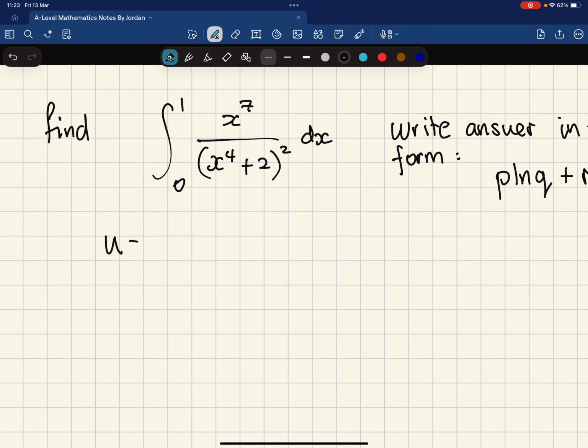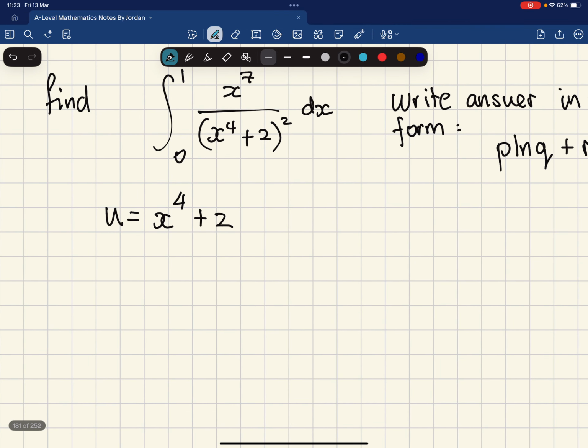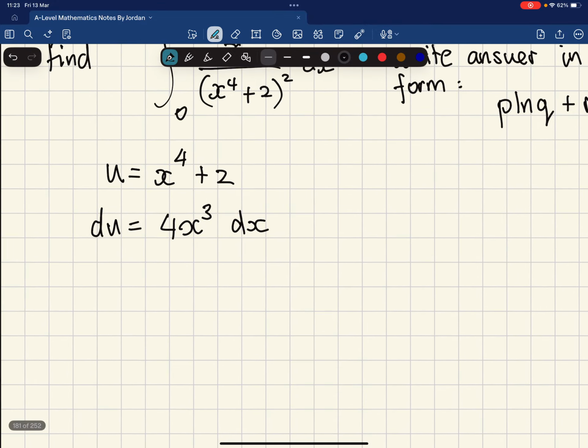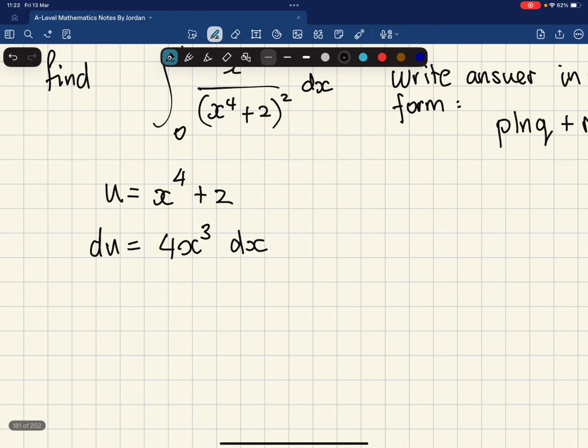The substitution given for this question is u equals x to the power of 4 plus 2. So let's firstly differentiate. So we get du equals 4x to the power of 3 dx. Rearranging that for dx gives us dx equals du over 4x cubed.